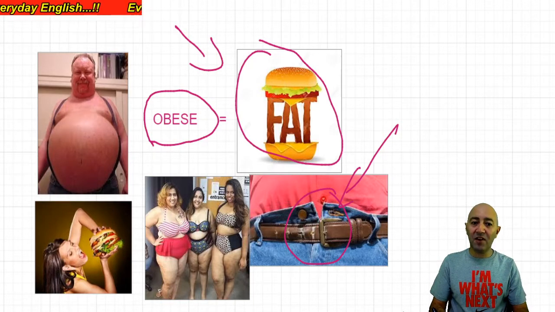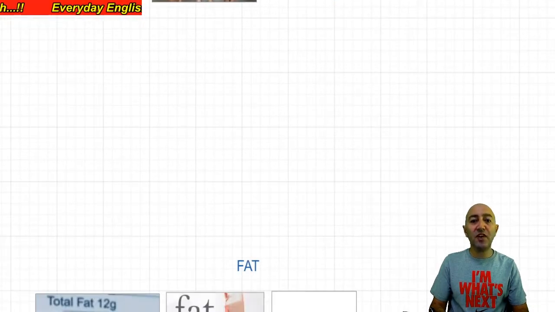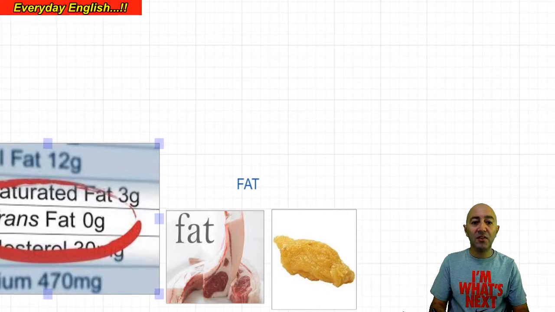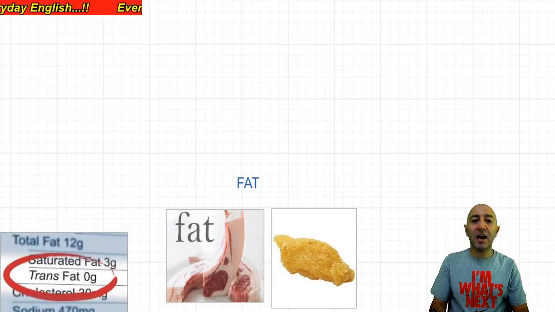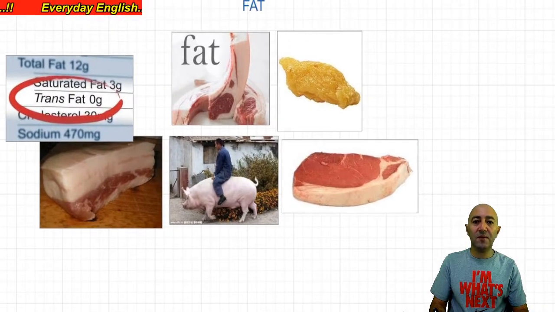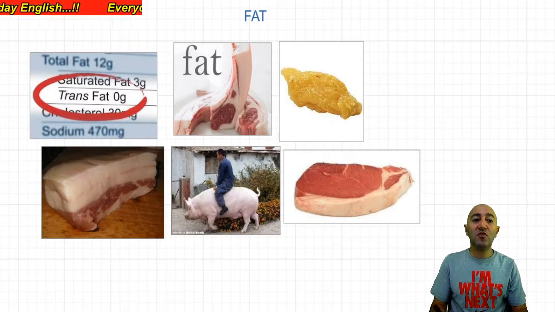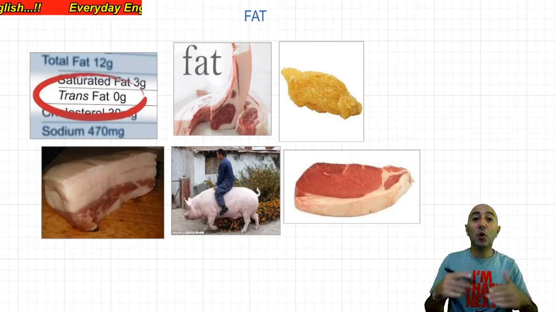And your second fat is a different kind of fat, but this fat you don't find on human beings. This fat you will find right up here when you have your saturated fat. These are fats that are brought on by trans fats, and these fats are usually found in your meat.